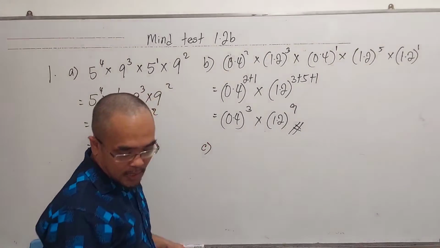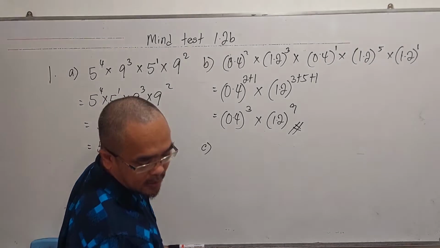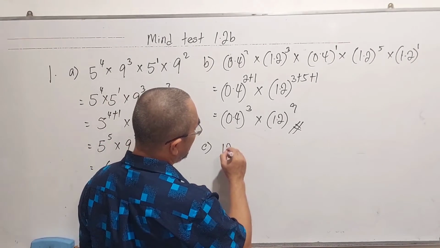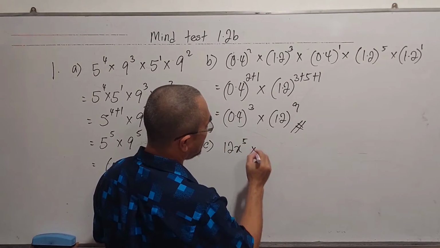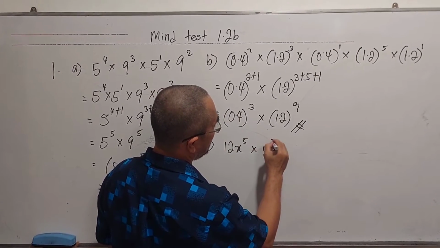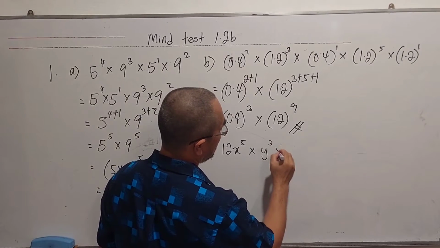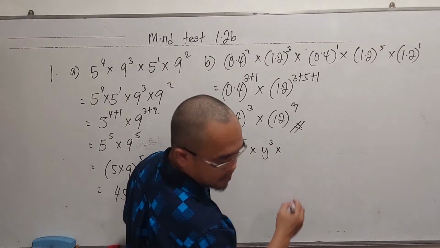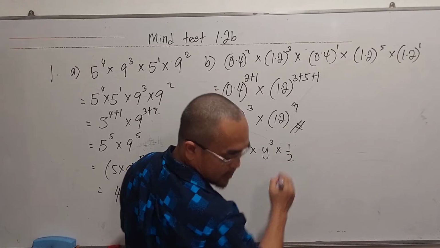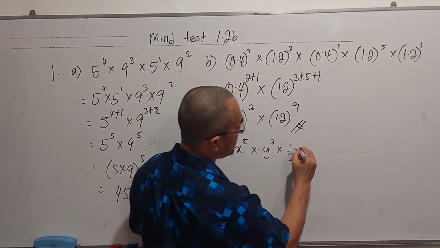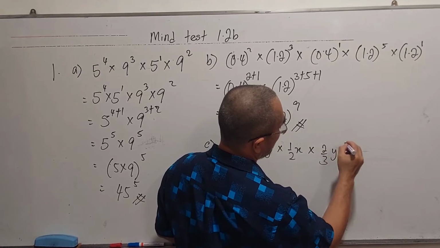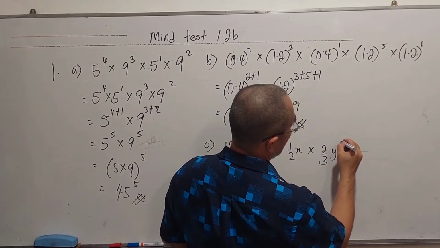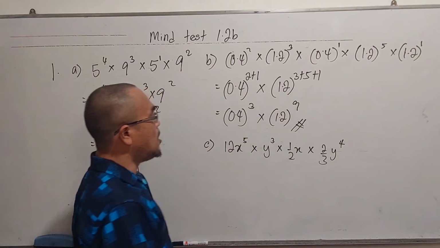And c, read out. 12x to the power of 5 times y to the power of 3 times 1 over 2 x times 2 over 3 y to the power of 4. Okay. Alright.